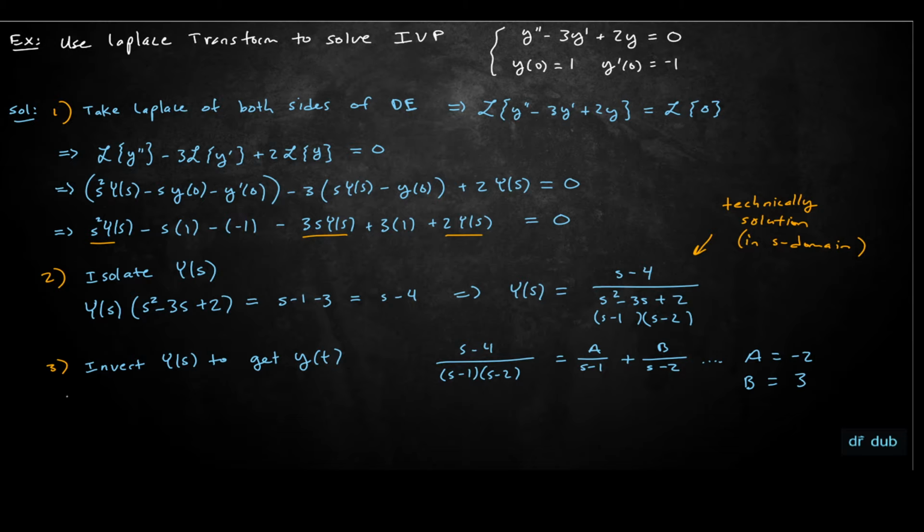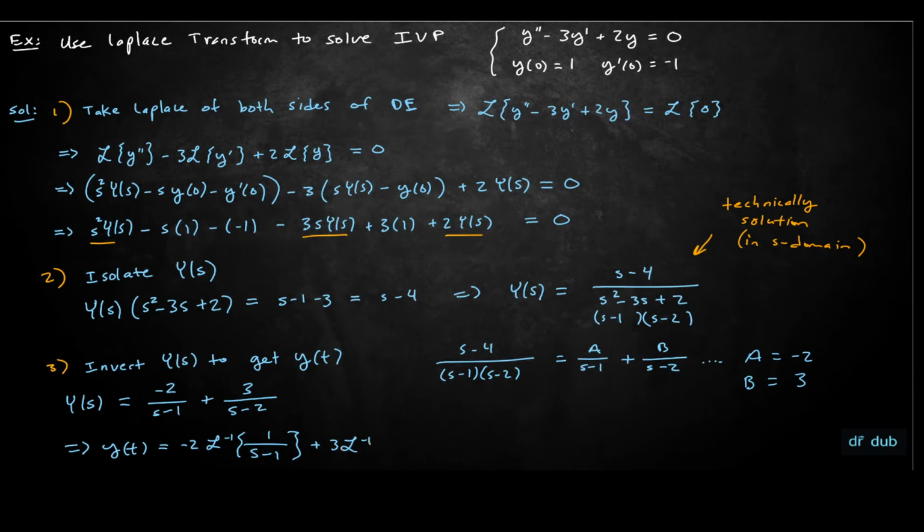So Y of s is actually -2 over s minus 1 plus 3 over s minus 2, which tells me that y of t will be -2 times inverse Laplace of 1 over s minus 1 plus 3 times inverse Laplace of 1 over s minus 2.